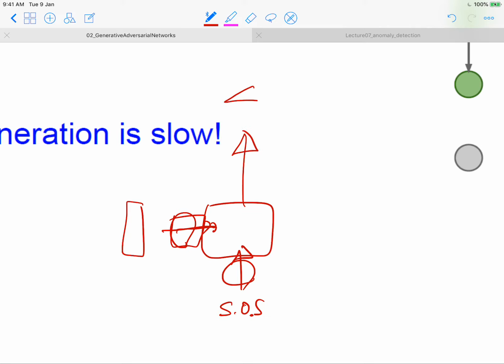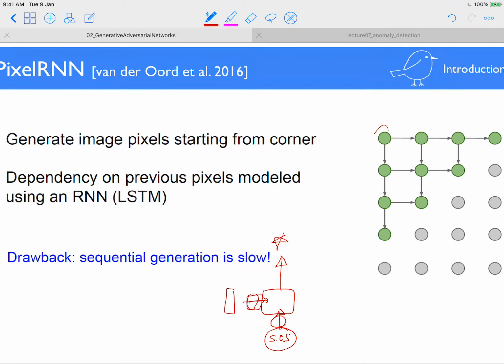we specify the probability of generating the next pixel. Suppose this pixel is something like this, and this one corresponds to this position.